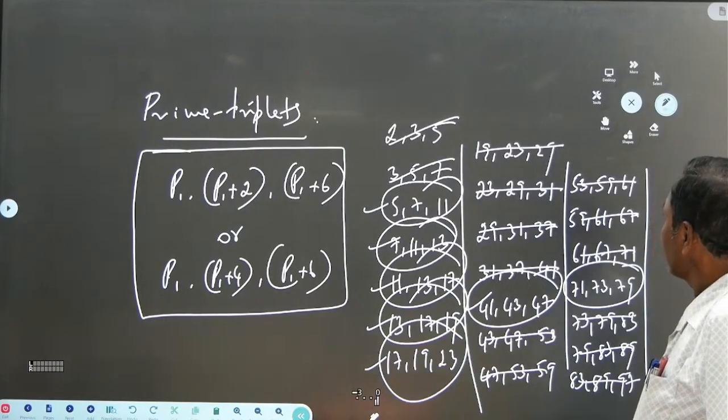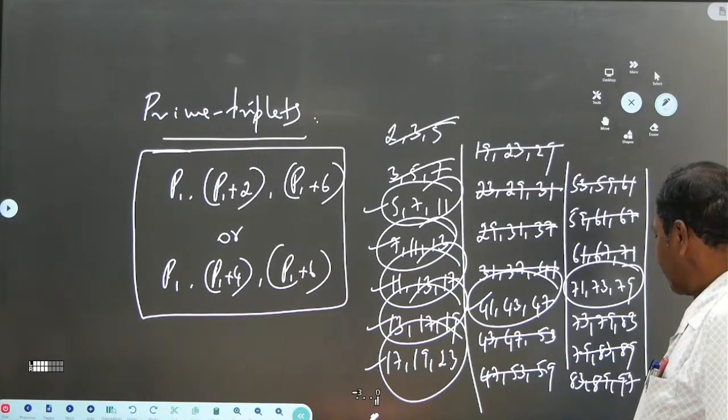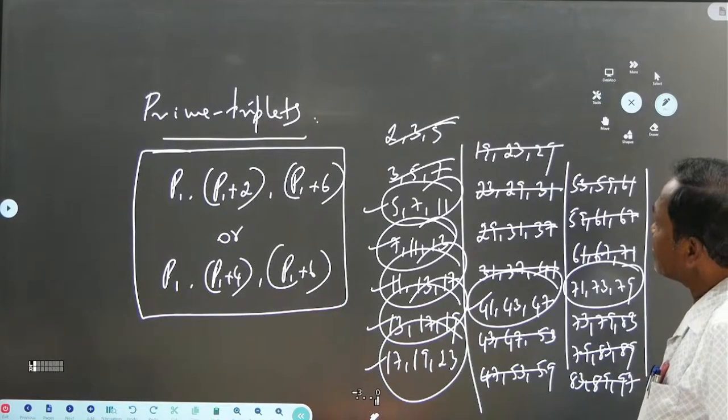Then 79, 83, 83 plus 6, 84, 85, 86, 87, no, 88, 89, 90, 91, it will not come. 92, 93, no. Okay, I think 7 is okay.